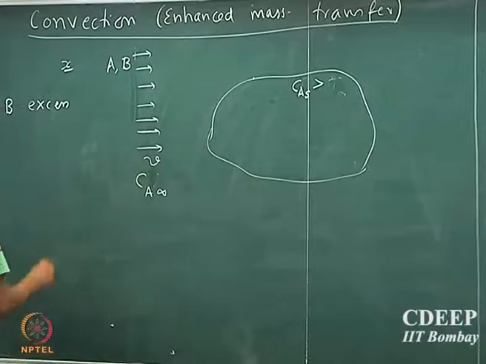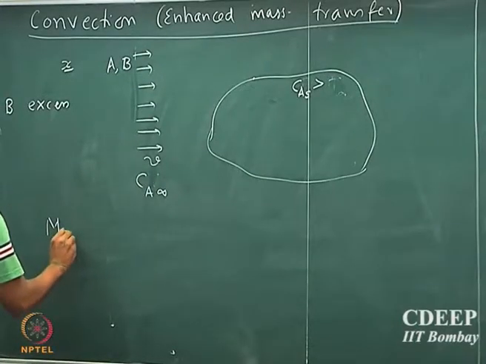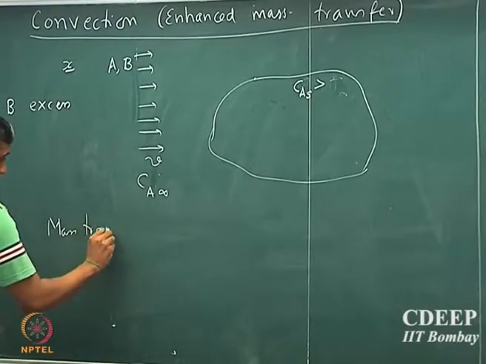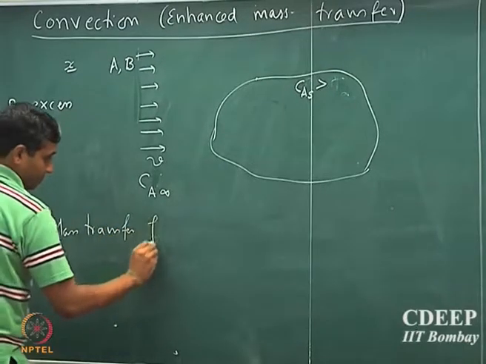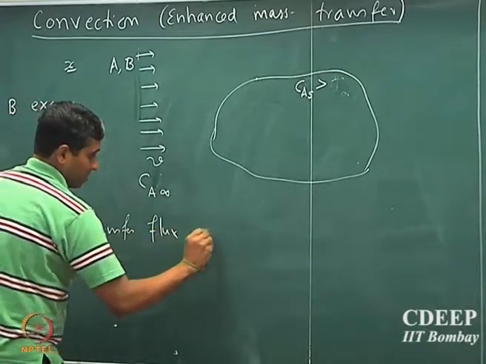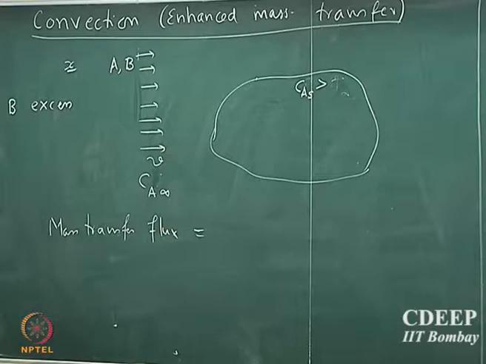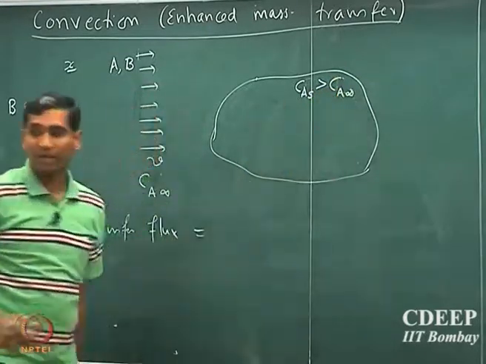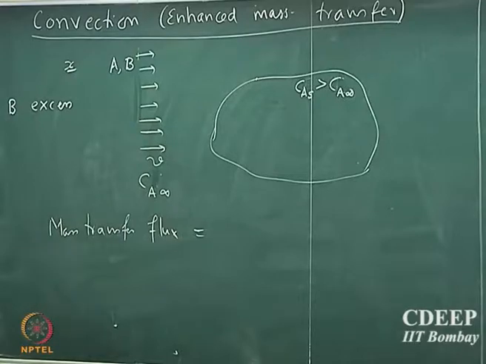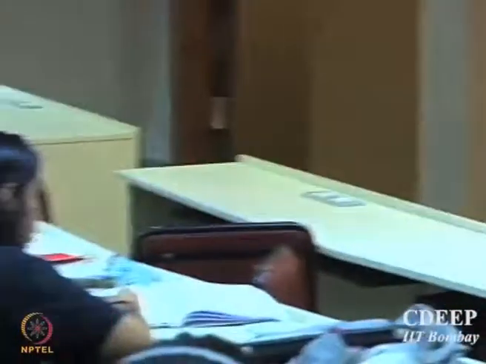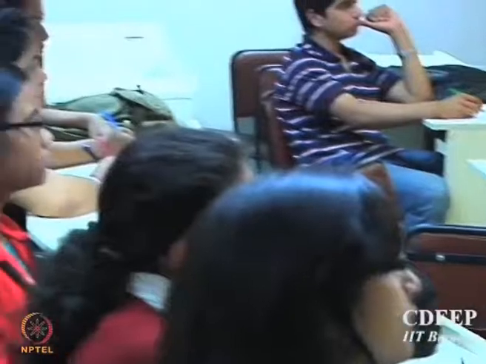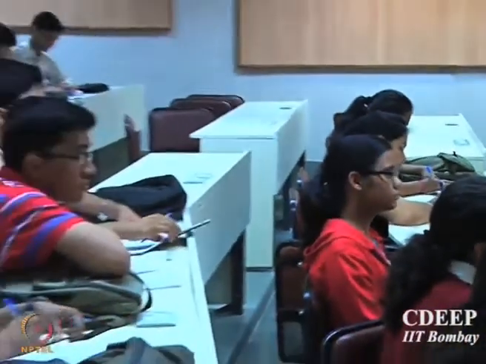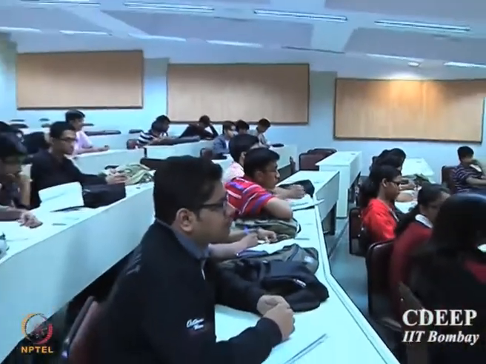And so what will be the mass transport flux at any location, if I assume that CAS is greater than CA infinity? Note that heat and mass transport are similar, right?